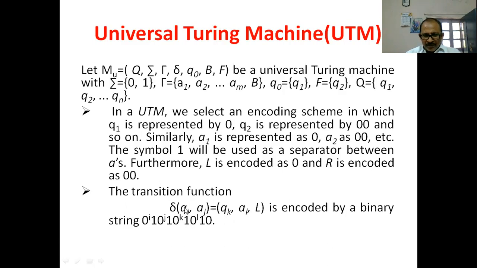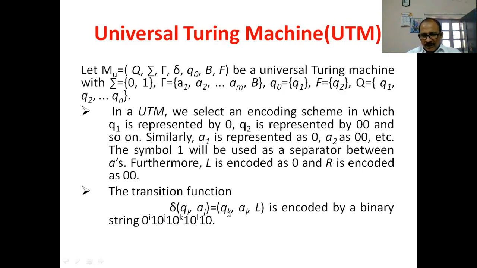State Q1 is represented by 0, Q2 is 00, so Qi is represented as 0 to the power i, meaning i zeros. Qi and Aj are the parameters, and between these two parameters we place 1, which acts as a separator. Aj is encoded as 0 to the power j, j zeros. Again we use the separator 1.